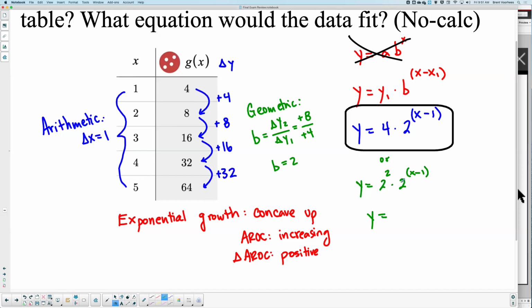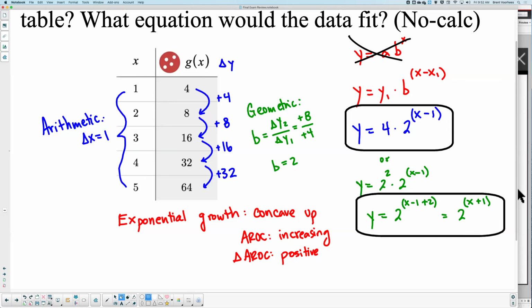If you're multiplying the y values, that's the same thing as doing what to the x values? Adding. You could rewrite this as 2 to the power of x minus 1 plus 2, which is the same thing as 2 to the power of, what's negative 1 plus 2? Plus 1. You could rewrite that equation right there. You could write the equation that way as well. Okay, so just know you can manipulate exponential equations.